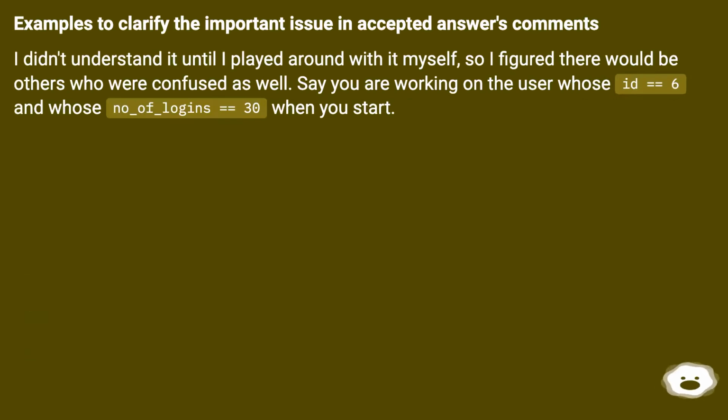I didn't understand it until I played around with it myself, so I figured there would be others who were confused as well. Say you are working on the user whose ID == 6 and whose no_of_logins == 30 when you start.